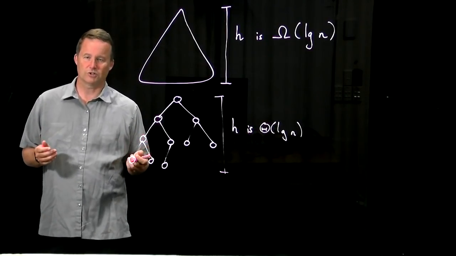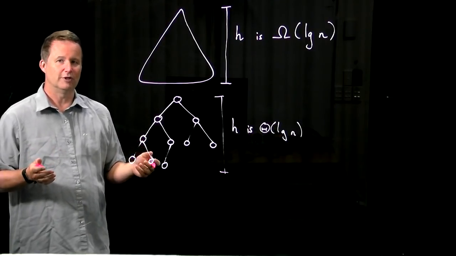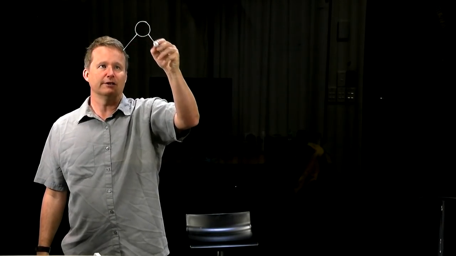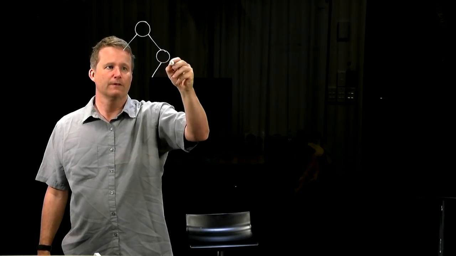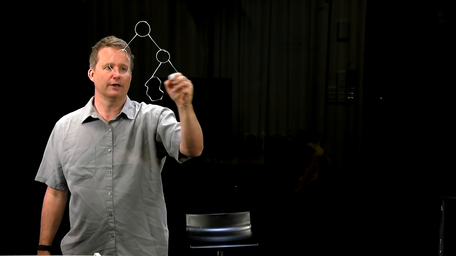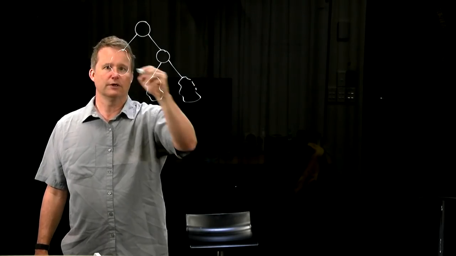The question, of course, is how much additional work we are going to have to do to keep it like that. So what sort of cleanup might we be talking about? Well, suppose you have a tree that looks roughly like this, with some kind of subtrees hanging off here. Let's give them names.